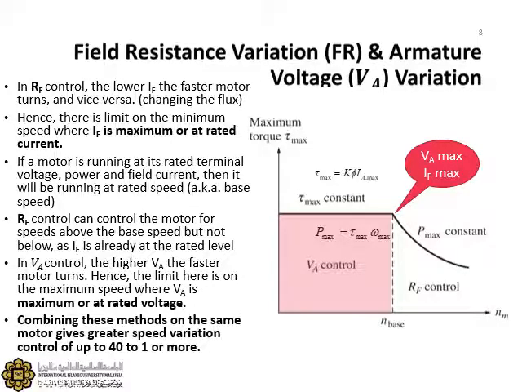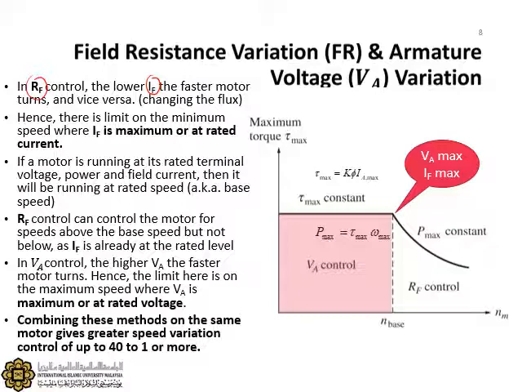You lower IF by increasing RF. And if you do that, the motor will run faster. On the opposite, if you increase IF by changing the field resistance, i.e. you lower the RF, then the motor will run slower.